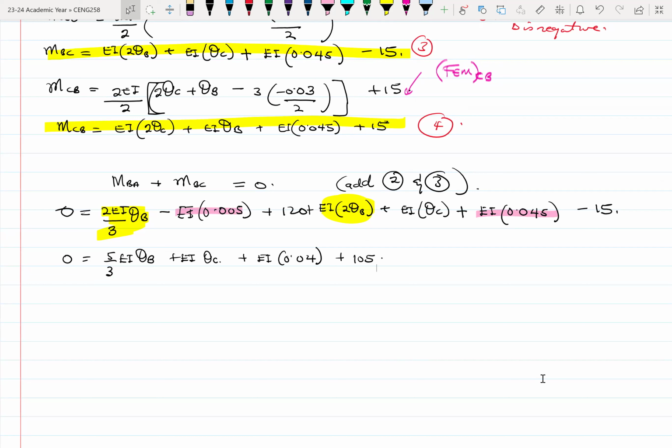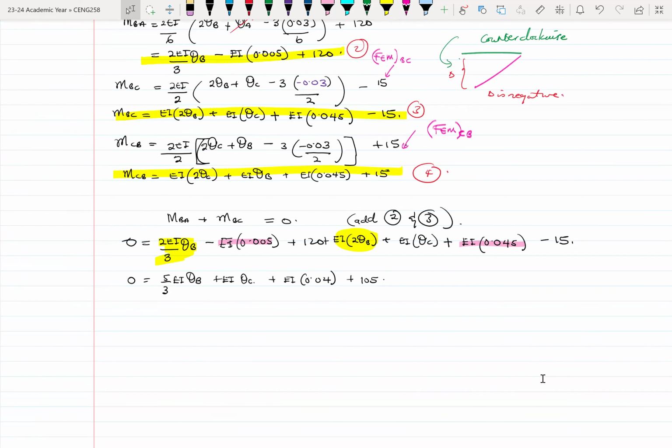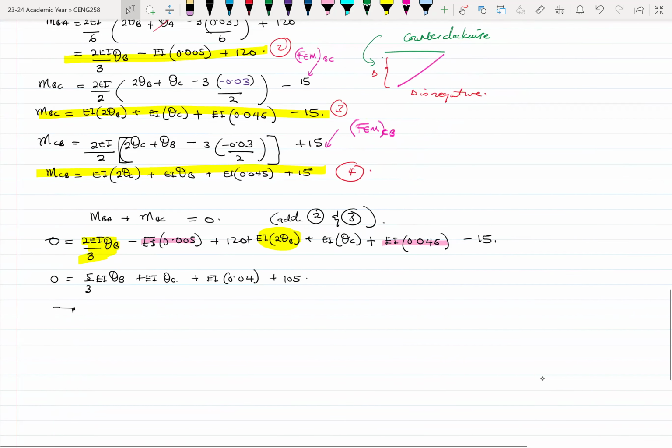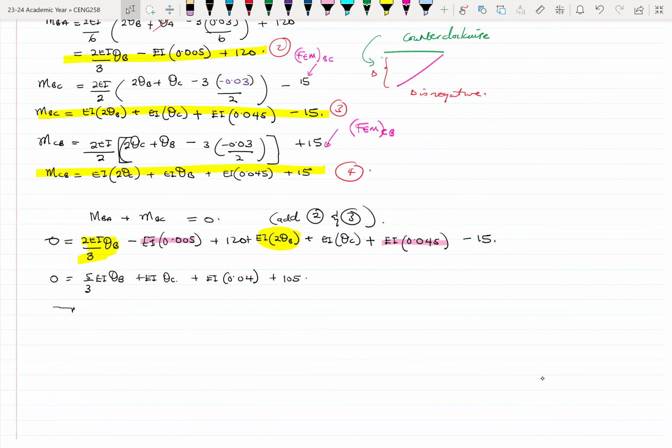So once we have this as one of our equations, the next thing will be, what's the word I'm looking for? So we have this as one of our equations. The next one is a look at our MCB, right? We also mentioned that our MCB is equal to 0, right?